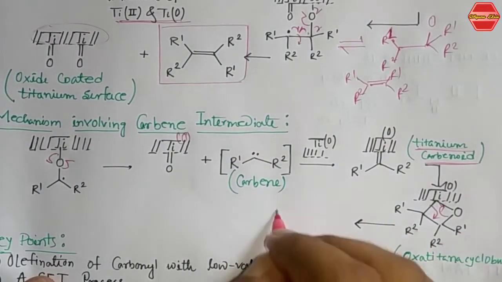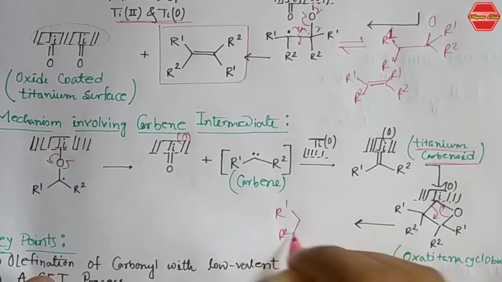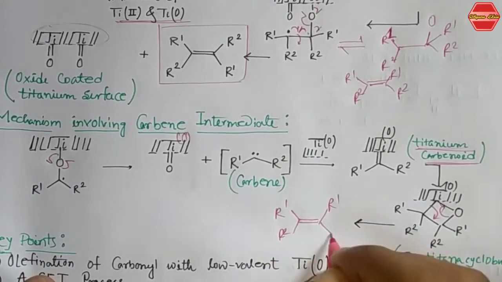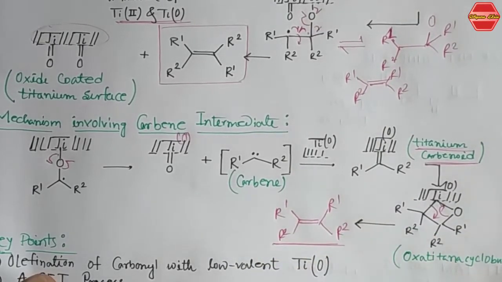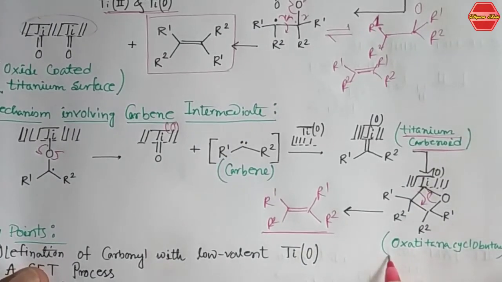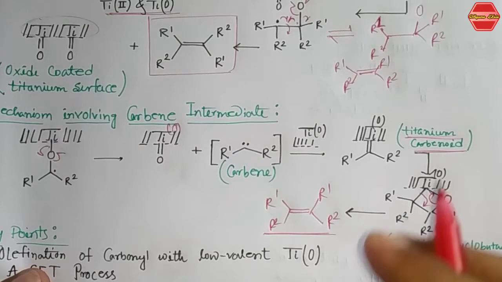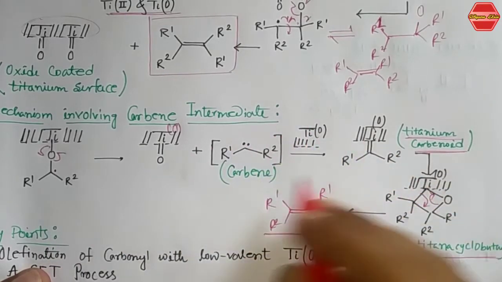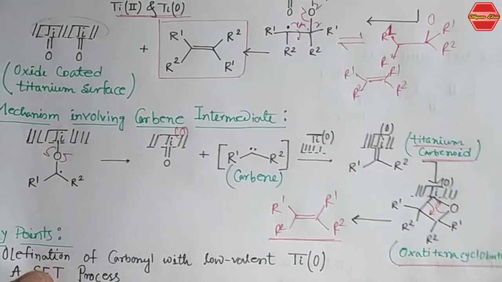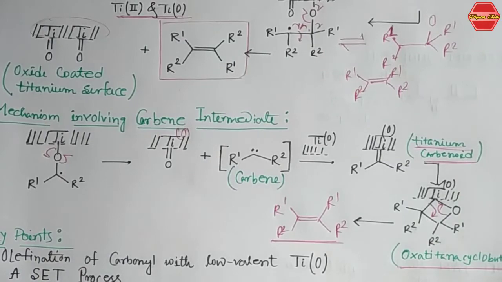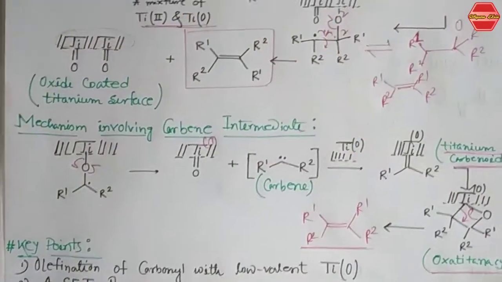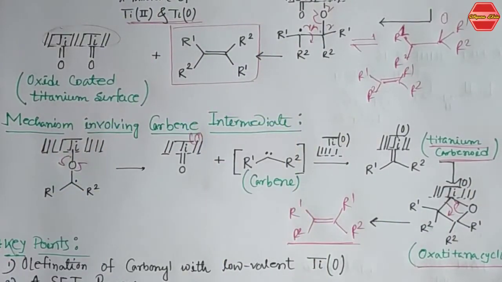So from here we can also get the final product, that is your desired alkene, right? That is basically called the oxatitanacyclobutane ring. This ring can break in this way, and that is how you can get this final product, that is your desired alkene. Now this is all about the mechanism for the titanium-mediated McMurry coupling reaction.